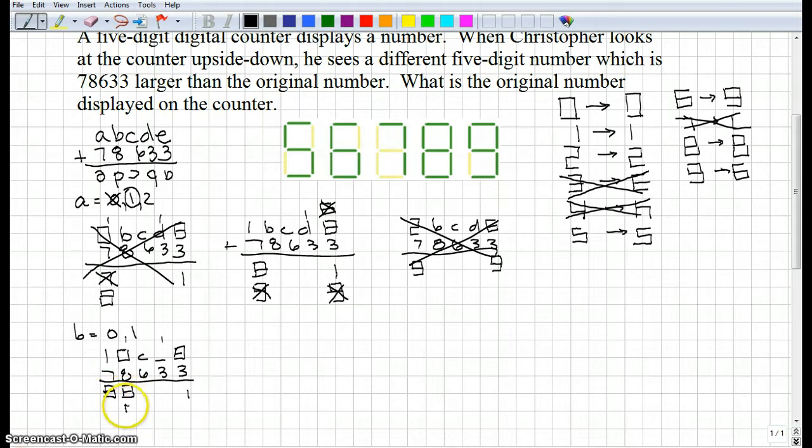If there is a carry, then it's a 9. And if this is an 8, then this is an 8, right? If this is a 9, then this is a 6.